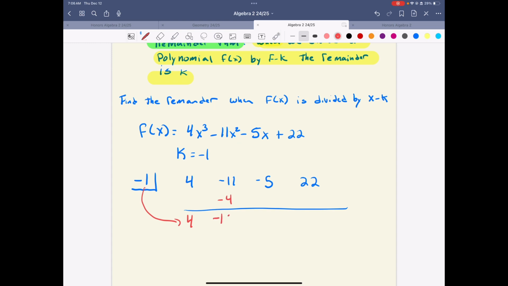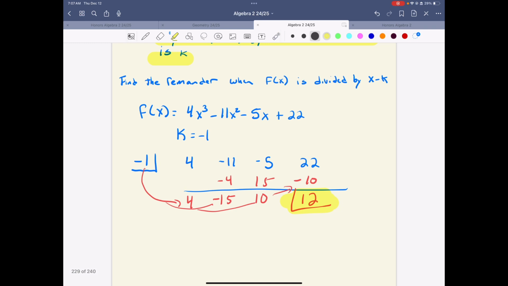That gives us -15. -1 times -15 is 15. That gives us 10. -5 plus 15 is 10. This gives us -10. And then this gives us 12. So our remainder here is just 12, and that's what we're looking for today. That's all we're looking for in this part, is what this remainder is.